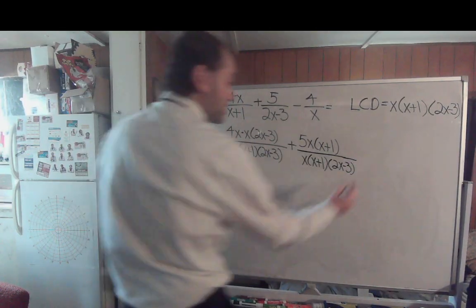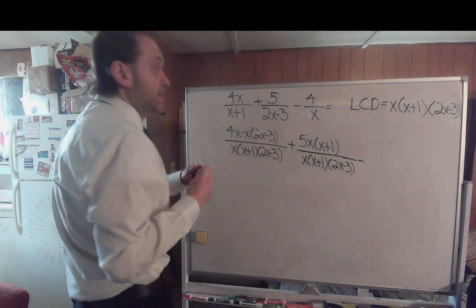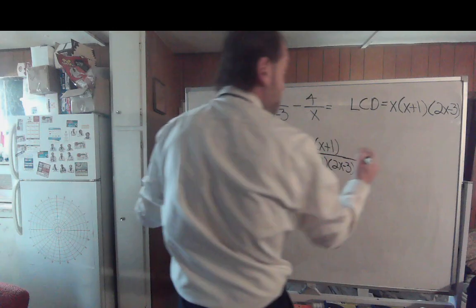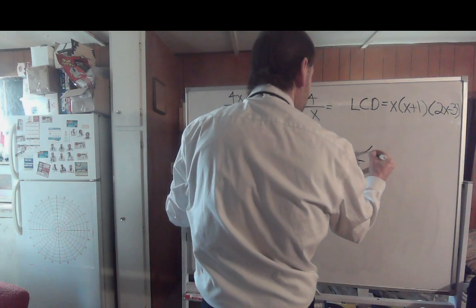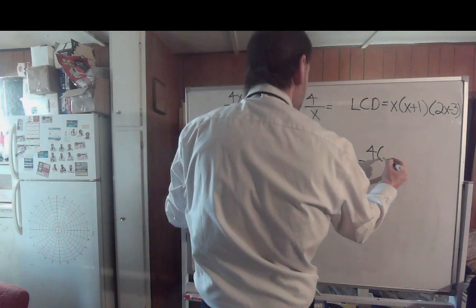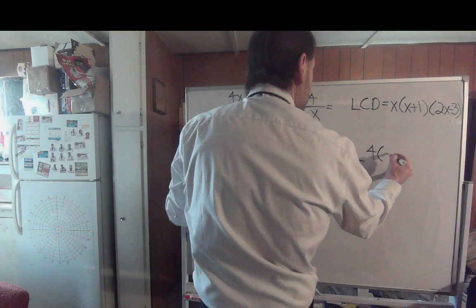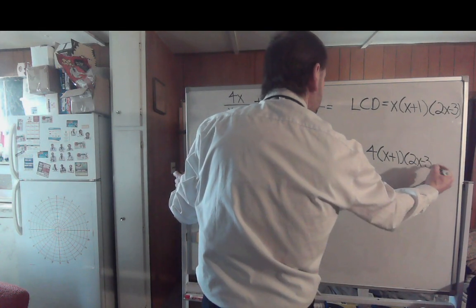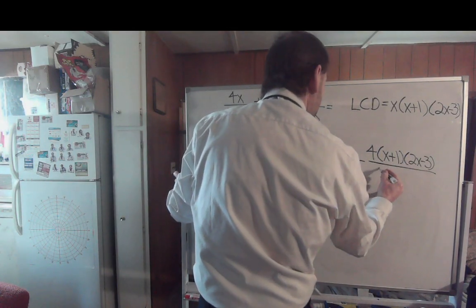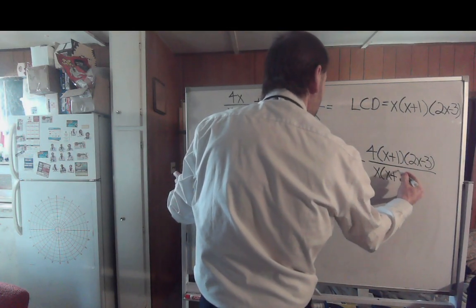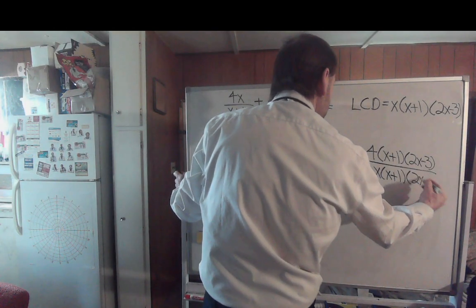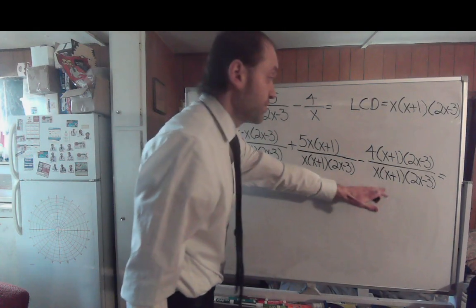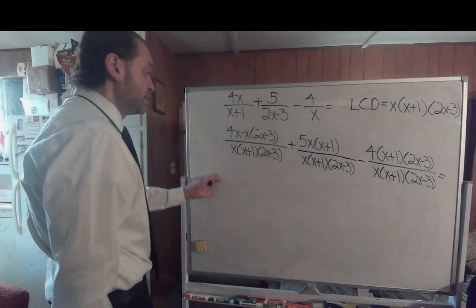And then your last term, you have an x, but you need to multiply both numerator and denominator by (x plus 1) times (2x minus 3). So this would be minus 4 times (x plus 1) times (2x minus 3) all over x times (x plus 1) times (2x minus 3). Okay, now that we have the same denominator for all 3 terms, we can carry on.